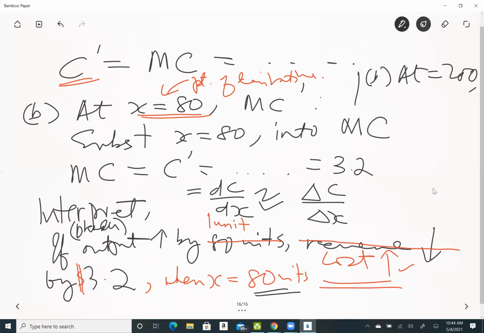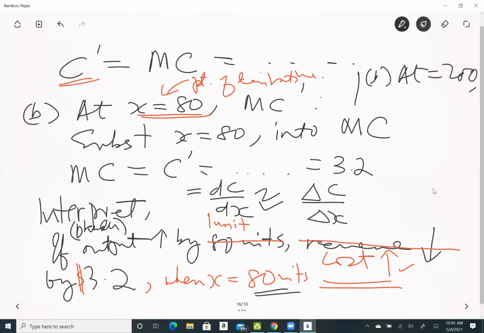For this, you have to mention the blender, because we're talking about a specific good. If I produce 1 more unit of blender, the cost will increase by $32, given X equals 200. Because the function is non-linear, the value of the derivative or the slope at different points would be different.